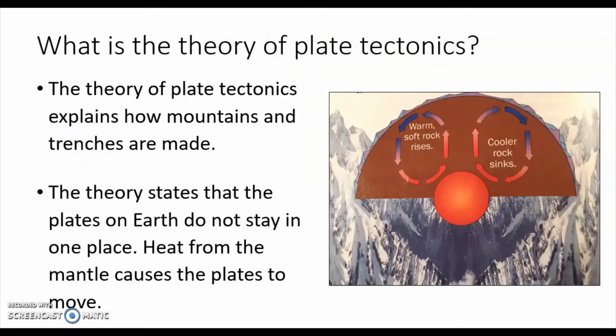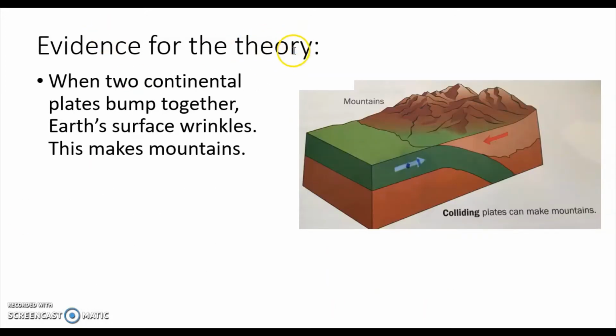Okay, evidence for the theory. This is a theory, an idea, but we have to give information that supports it and shows that it's true. Evidence for the theory. When two continental plates bump together, Earth's surface wrinkles. This makes mountains. Look, and mountains form, okay?